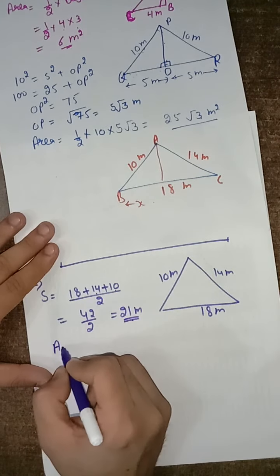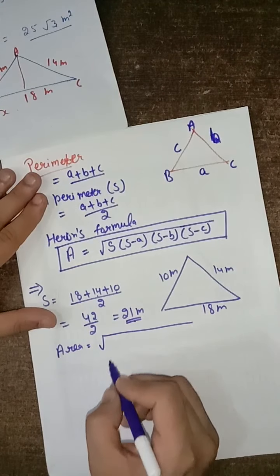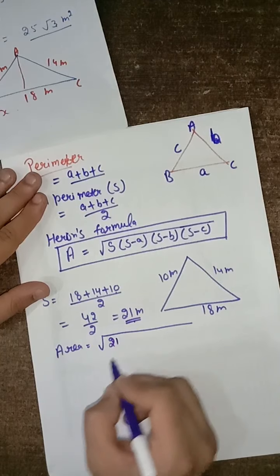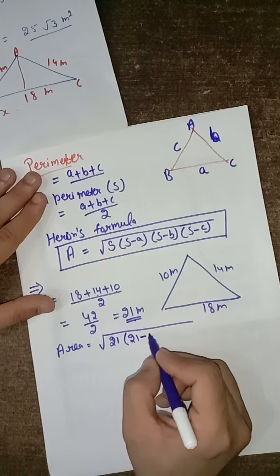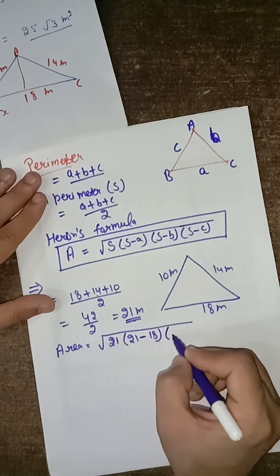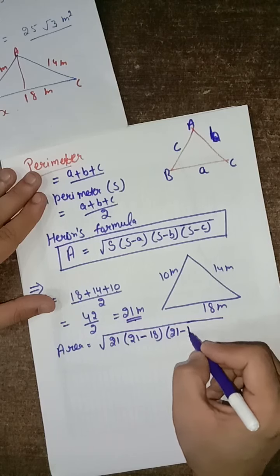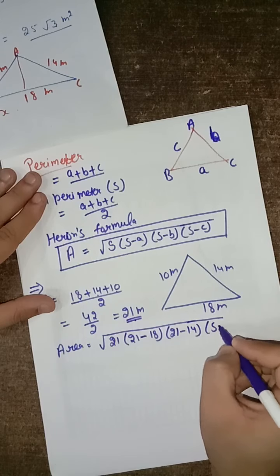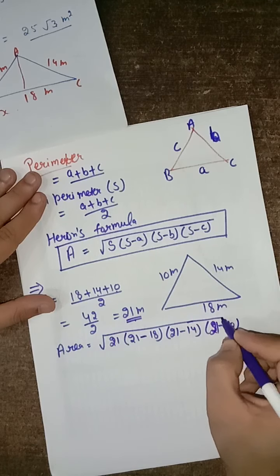Now apply the formula for area, which is the square root of S, that is 21, into S minus A, that is 18, into S minus B, that is 14, into S minus C, that is 10 meter.